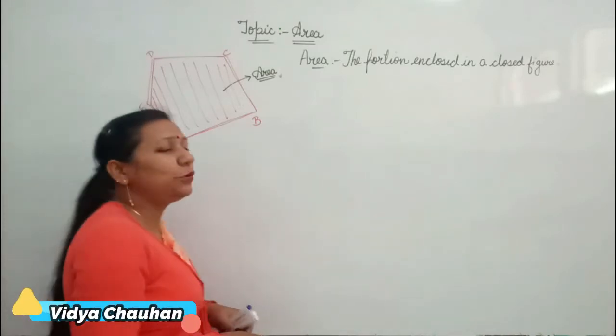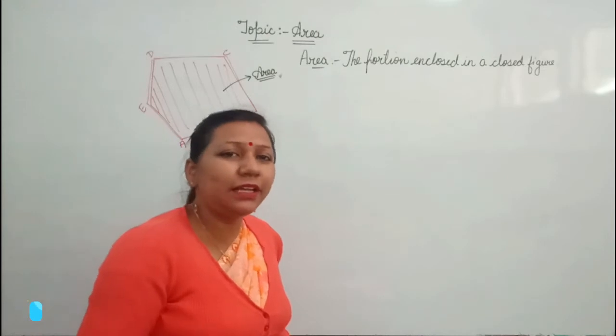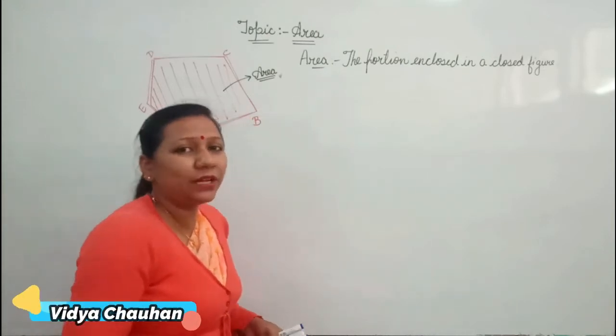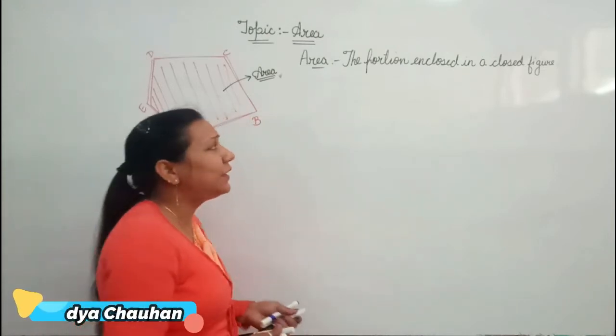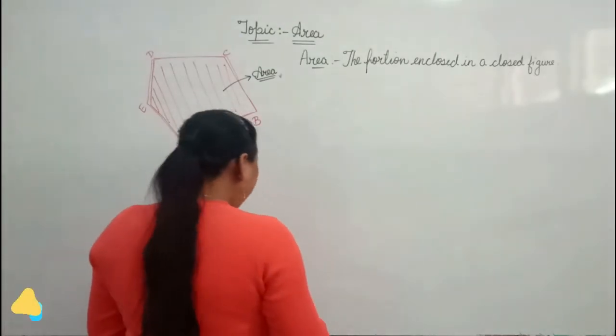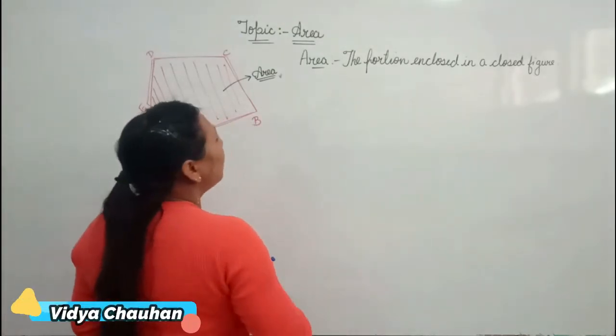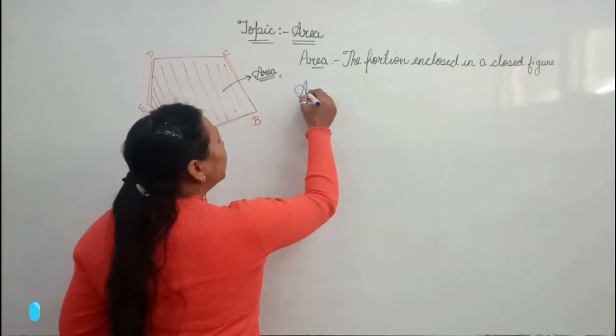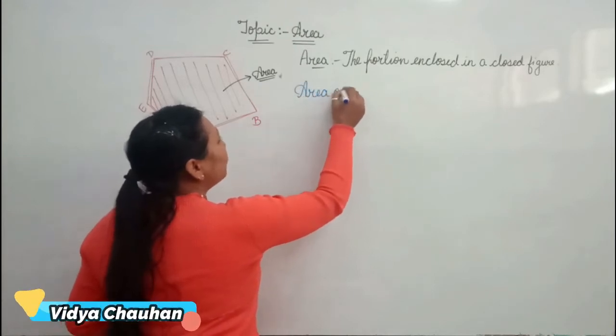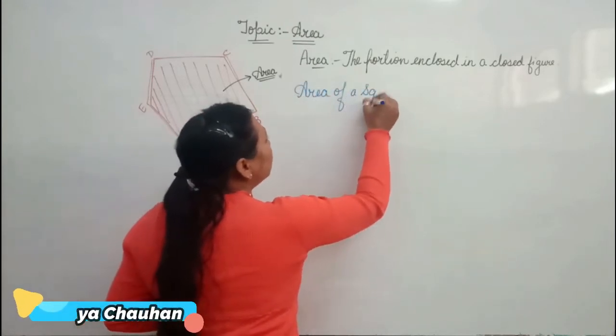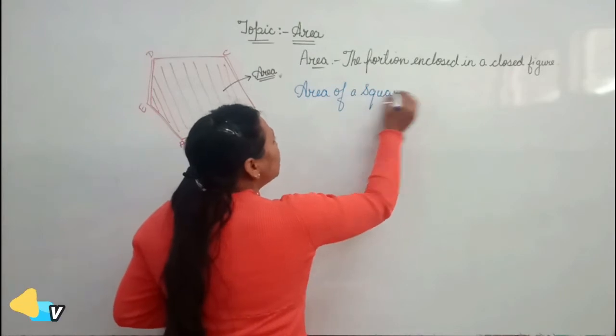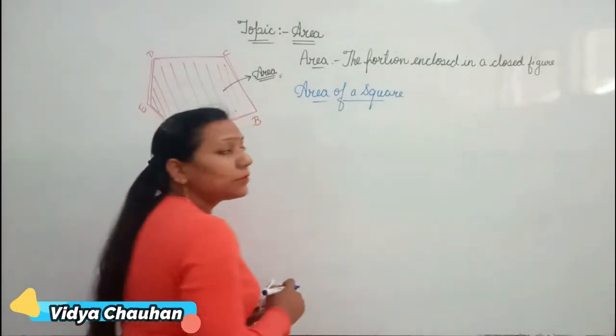Now as I told you that we are going to discuss the areas of two simple figures, that is a square and a rectangle. So let us very first start with the area of square. Now square, what is square?